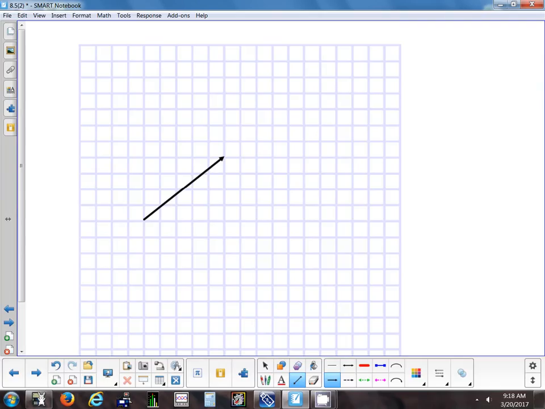Any thoughts on how I could find the length of that vector? Think of it as a line segment. How could you find the length of it? You could use the vertical and horizontal components. Okay, this is the vertical component, and then this is the horizontal component. Yeah, and then we could just use the Pythagorean theorem.